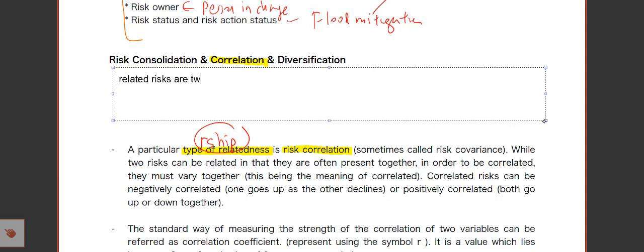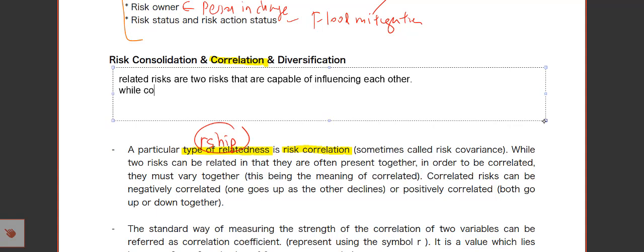Related risks are two risks that are capable of influencing each other. That's called related. So when two risks are related, we know that they are capable of influencing each other.